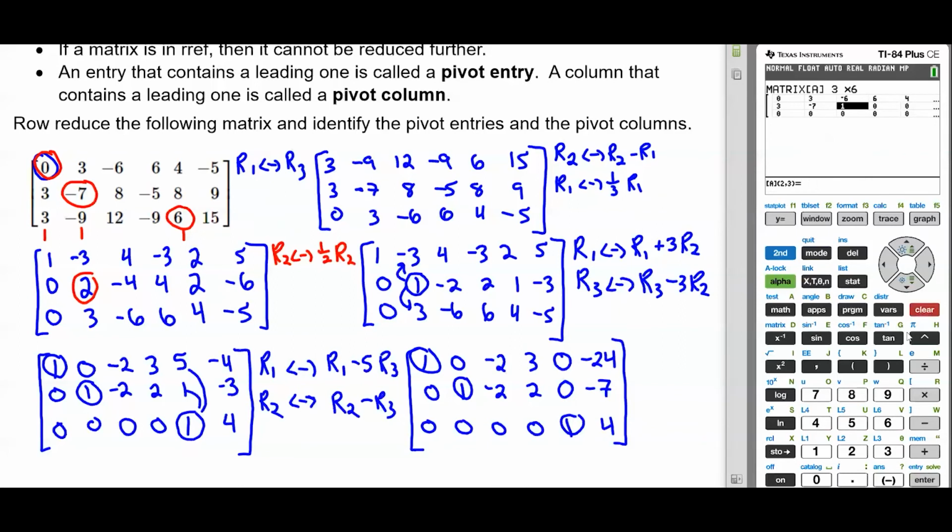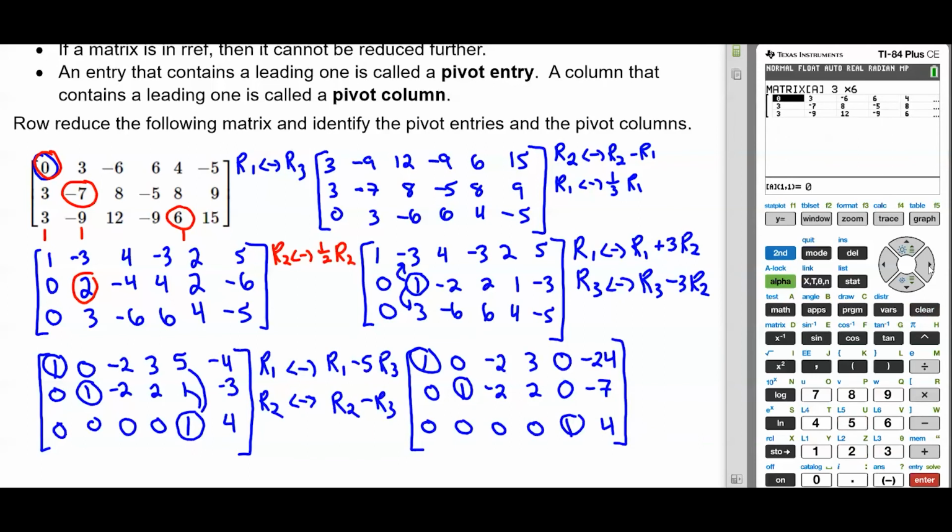Whoops. Every time you do this, you'll want to go back and check just to make sure that you entered everything in correctly, because this is tedious and it's easy to mess up, especially a sign. It's easy to mess up the sign.